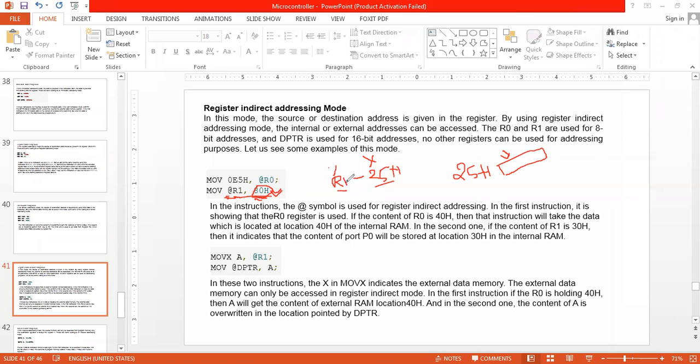It is not writing into R1, but it is writing into 25H. So that is why it is indirect. Directly it is not writing into R1, but indirectly it is writing the data inside the 25H. This is because I cannot write two addresses in the same instruction.